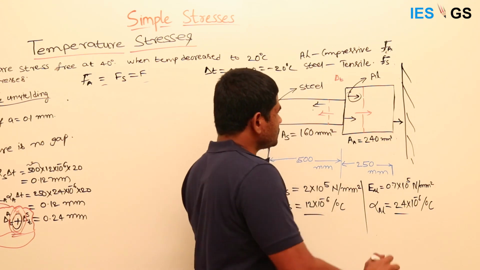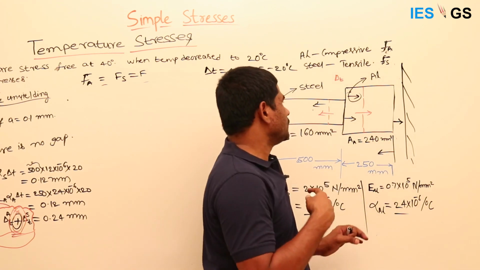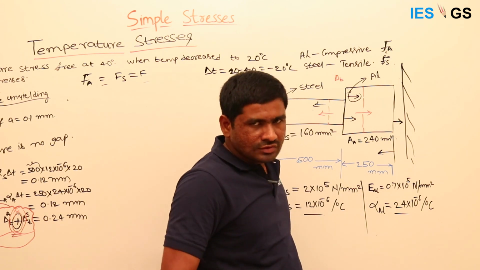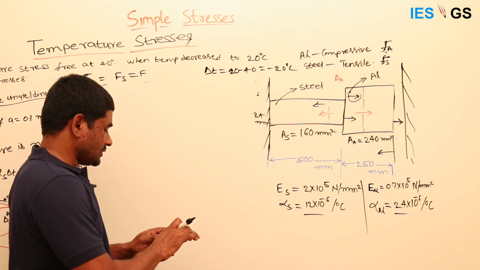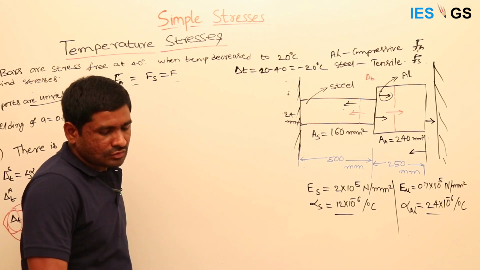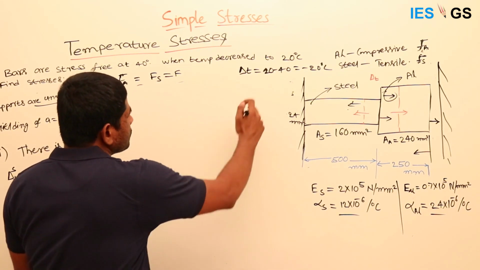But when the temperature is decreasing, it will move back in this direction and won't touch the fixed body, which means there is no restriction at all. So in that case the stresses are 0. But anyway, let's take, what if the temperature is increased instead of decreased?